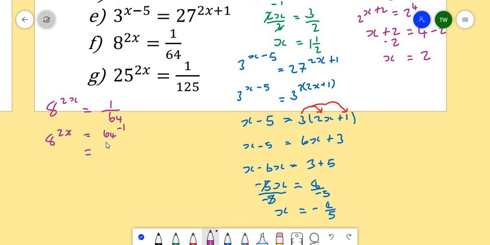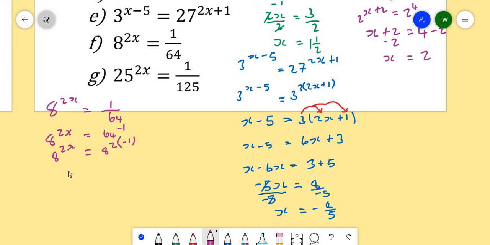So 64 can be written as 8 squared, right? But remember that this square should multiply the power that you have here, which is negative 1. So we're going to put a bracket and put negative 1 in there and close our bracket. And we still have 8 here raised to the power of 2x.